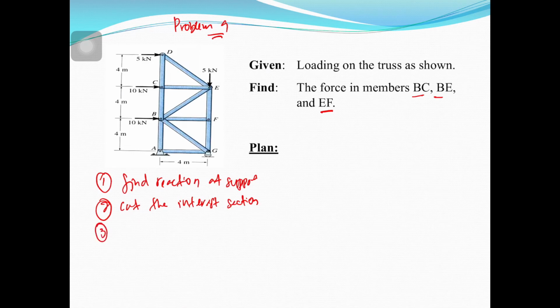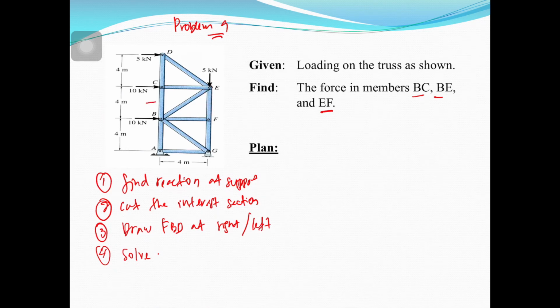Number 3, draw FBD at right or left. Number 4, solve. So BC, BE, and EF, where is it? So you have BC, BE, and EF, this one.